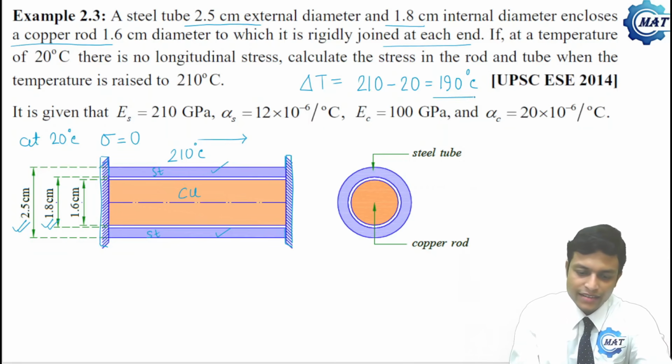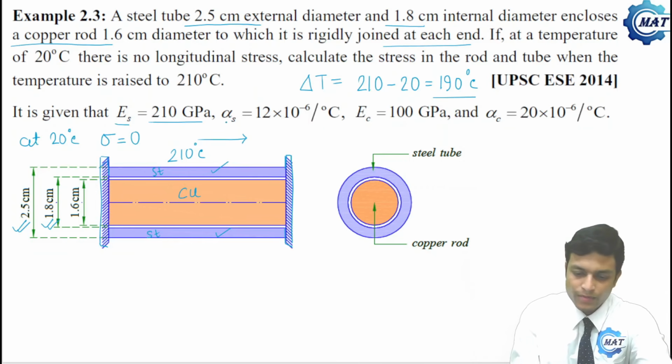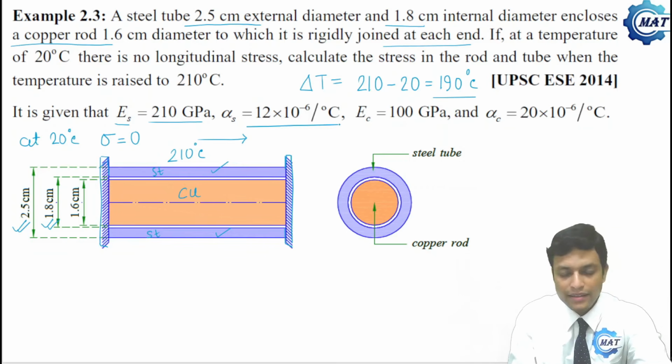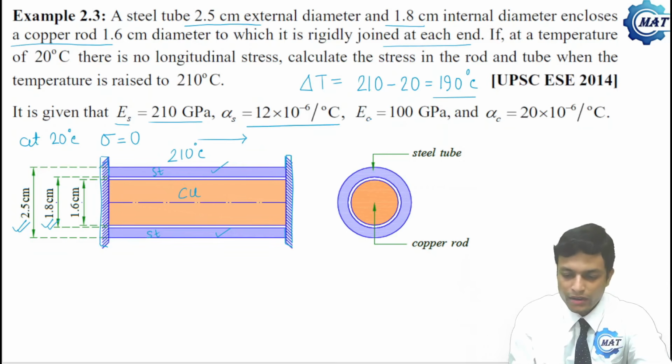Additionally, it is given that ES, the Young modulus of steel, is 210 GPa. Alpha S, the coefficient of thermal elongation, is 12 into 10 to the power minus 6 per degree Celsius. EC, the Young modulus of copper, is 100 GPa, and alpha C is 20 into 10 to the power minus 6.